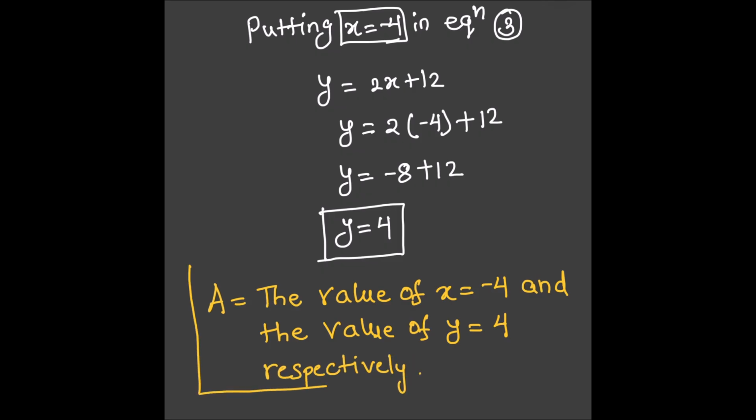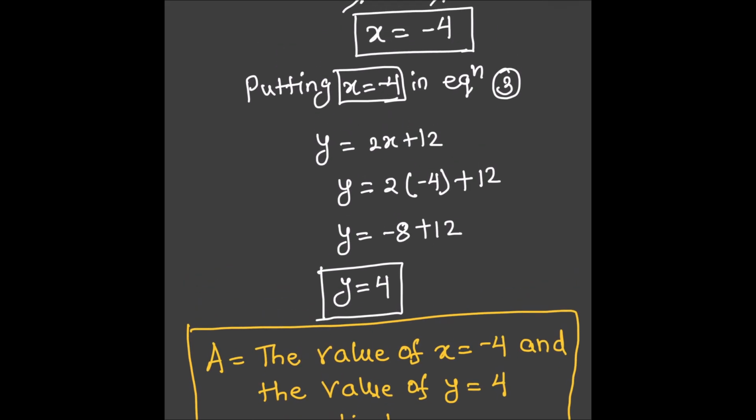So this is our final answer. We are going to box the answer, and this is how we solve linear equations in two variables using the substitution method. Let's take a look at the solution once again.